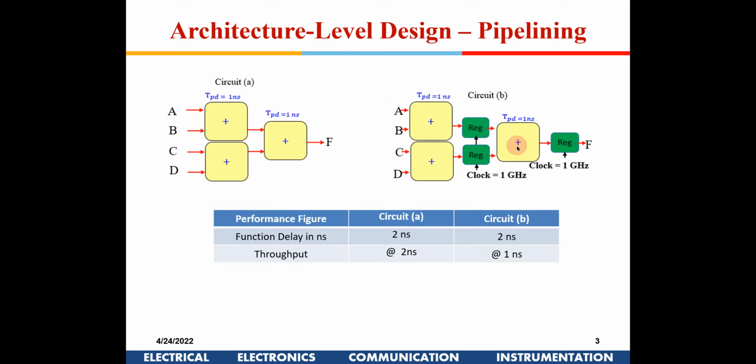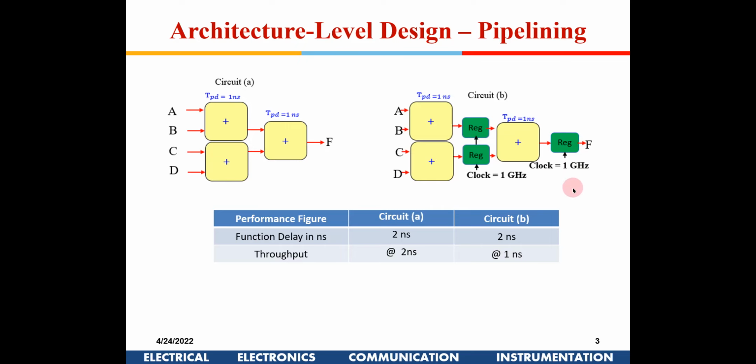So I can keep changing the data at a faster rate here. At every 1 gigahertz clock, I can change this data to a new data. So although the total delay is 2 nanosecond, the throughput is 1 nanosecond. That is, at every 1 nanosecond I can get one output out here, right?